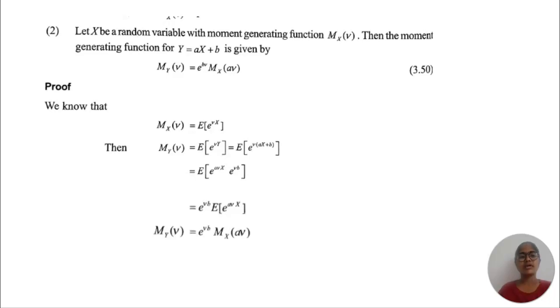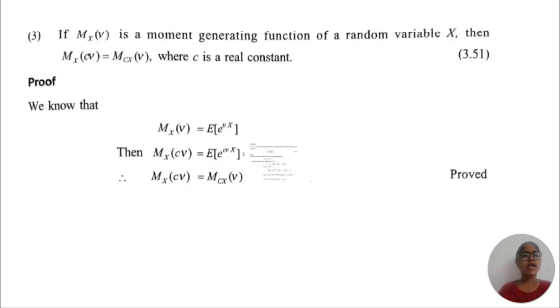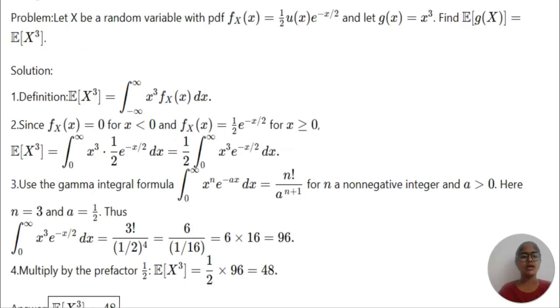Then the moment generating function for y equal to a x plus b is given by M y of v equal to e power v b into M x of a v. If M x of v is the moment generating function of a random variable x, then M x of c v equal to M c x of v, where c is a real constant.